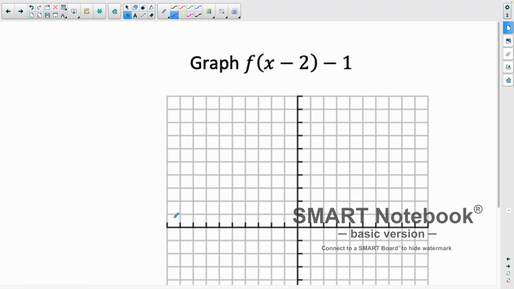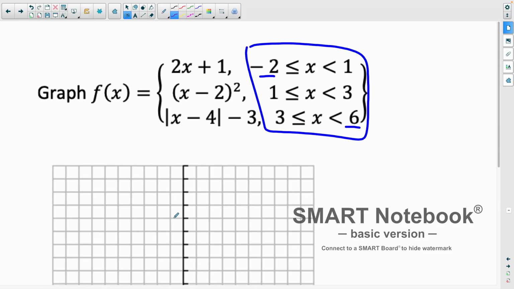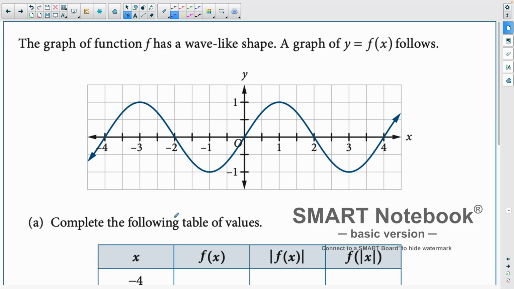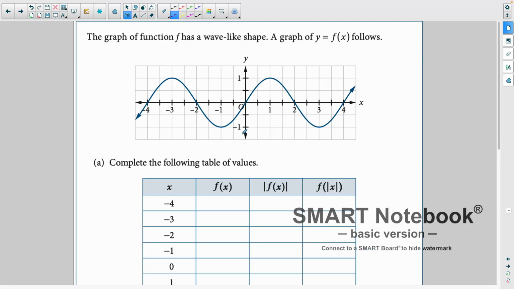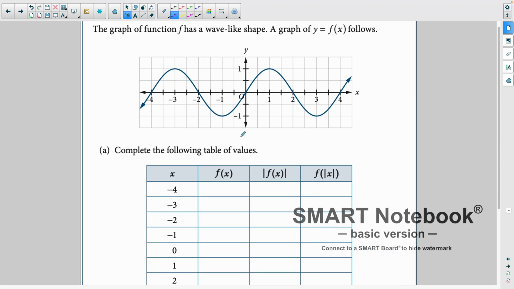So, on that little worksheet, we blended the piecewise and we blended absolute value, and that looked together. All right? So, I want you to take a look at the worksheet that you picked up on the way in. Looks like this. All right.